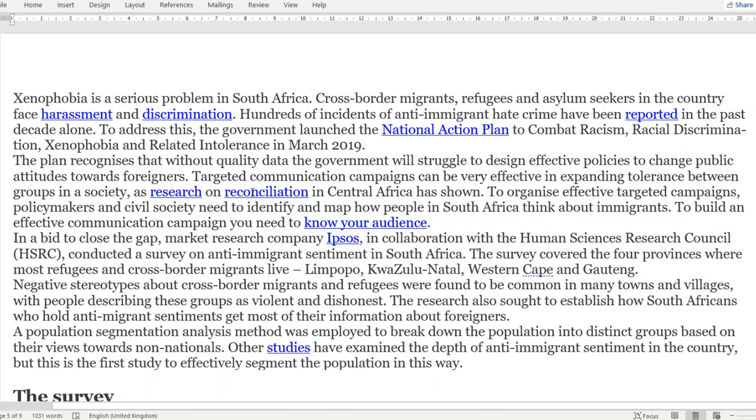As research and reconciliation in Central Africa has shown to organize effective targeted campaigns, policymakers and civil society need to identify and map how people in South Africa think about immigrants. To build an effective communication campaign, you need to know your audience. When you are building campaigns, you need to know who your audience is and how to best get information to them. Let's say the audience I'm trying to impact is the baby boomer generation, the people who were born before technology.